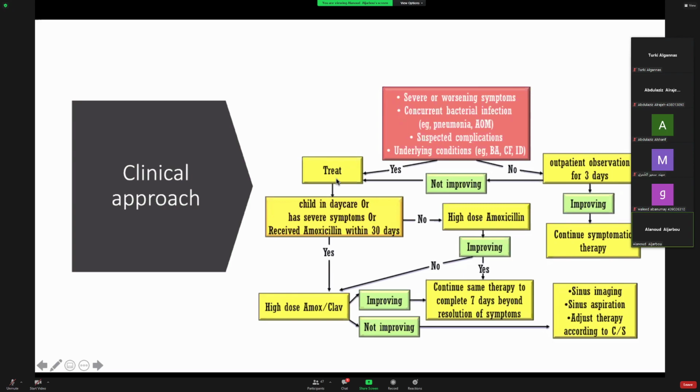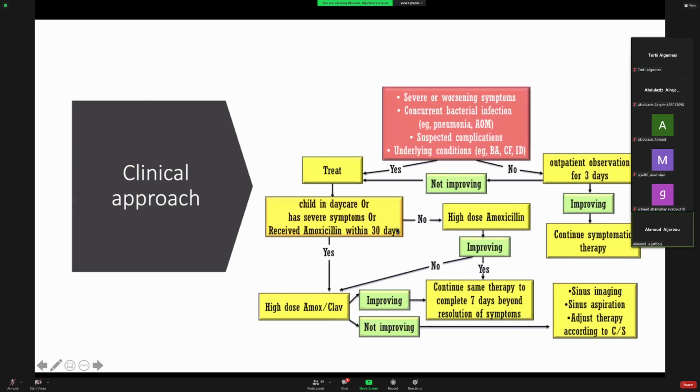Usually, as we mentioned, it's amoxicillin for otitis media, pharyngitis, or bacterial sinusitis. For acute otitis media and acute bacterial sinusitis, we will go for high-dose amoxicillin. For pharyngitis, penicillin is the first choice, but if not, we will go with regular-dose amoxicillin.